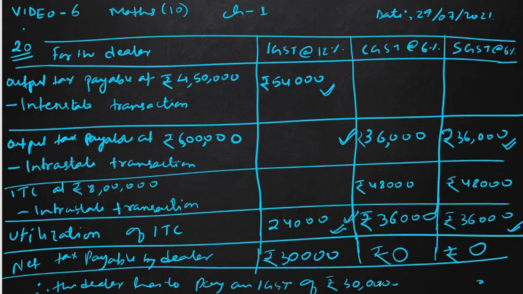Okay, this type of question will be asked from question number 20 to 24. So 21 is also the same, 22 is also the same, 23 is also the same. You need to just utilize the tax. So how will you utilize it? Suppose we do another question.